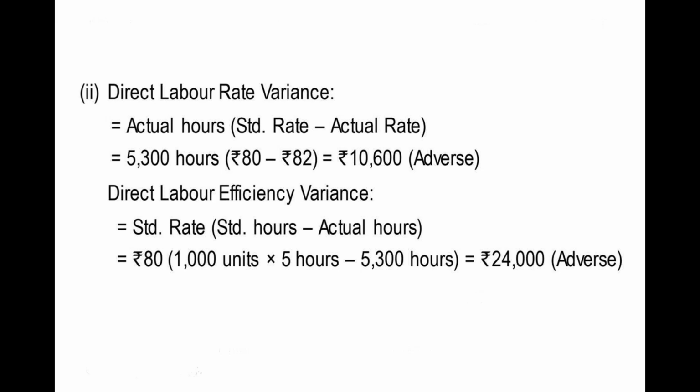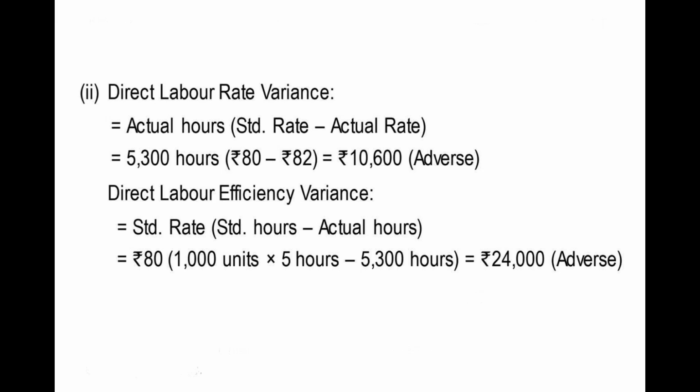You can ask, sir, why actual hours should be taken instead of standard hours here? Because actual hours taken for completing a final product should be taken so that we can measure the labor rate variance. Then what is the next variance? Direct labor efficiency variance. Computation of direct labor efficiency variance.